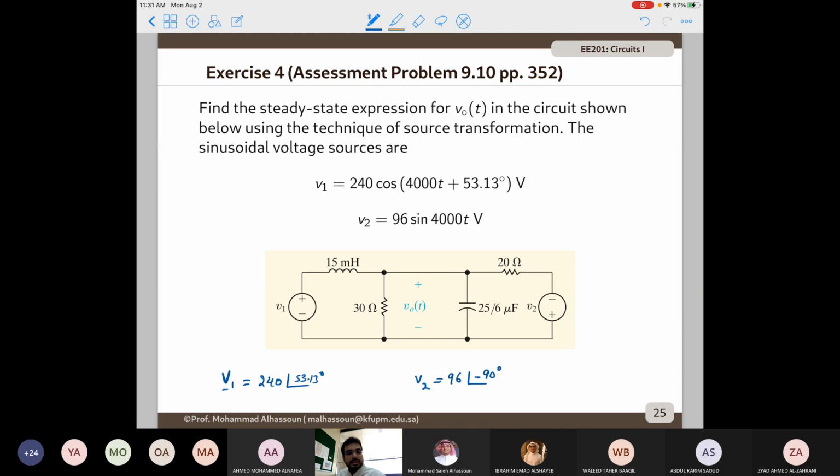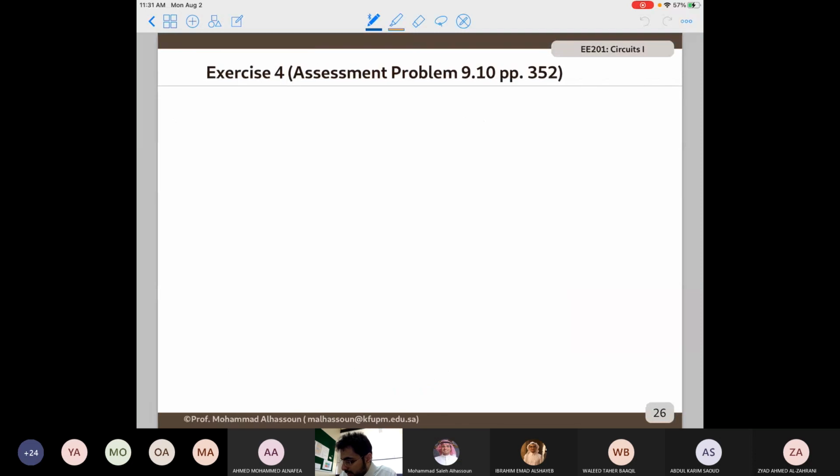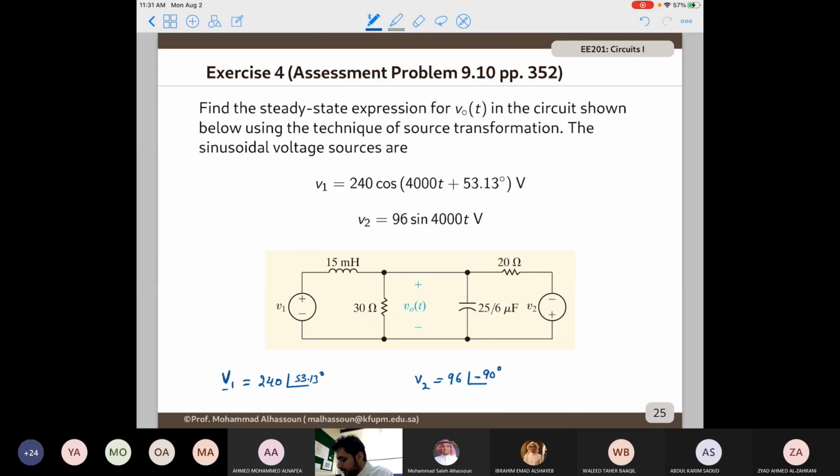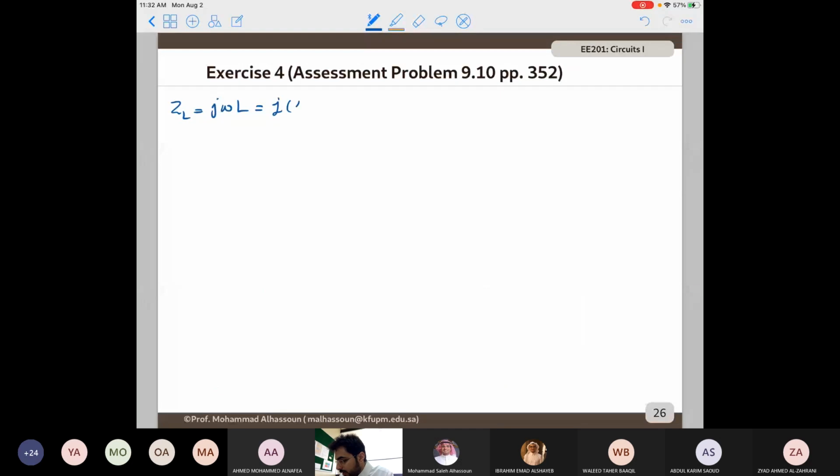Then we need to do the same with the impedances here. The impedance of the resistor will stay as it is. The impedance of the capacitor and the inductor, we need to actually find them. Let's start with the impedance of the inductor. ZL is going to be j omega L, and omega in this case is 4,000, L is 15 milli.